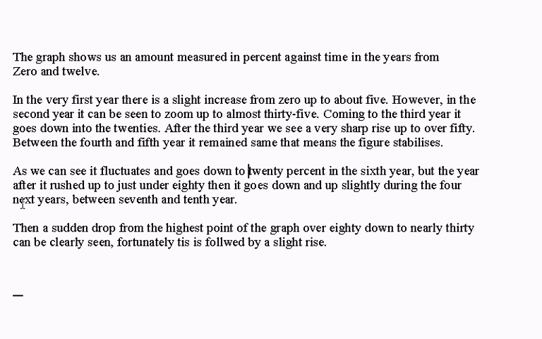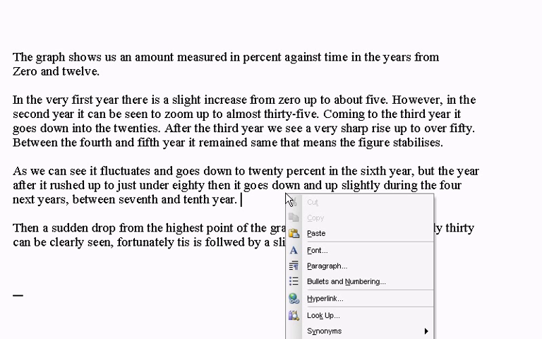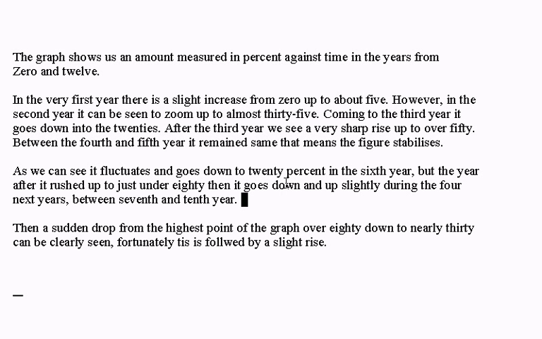But the year after, it rushed up to just under 80. Then it goes down and up slightly, because the down is first. More normally we say up and down, but if you look at the graph, it goes down and up. It goes down and up slightly during the next 4 years between the 7th and 10th year.